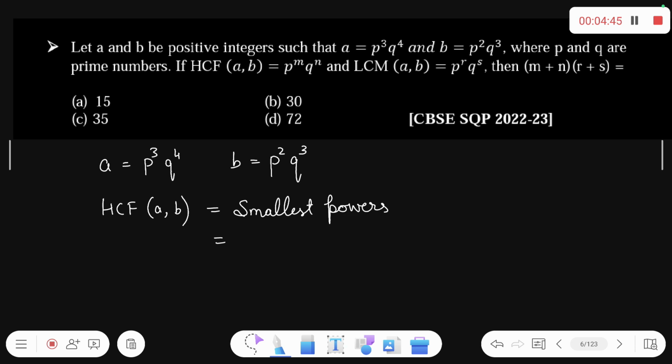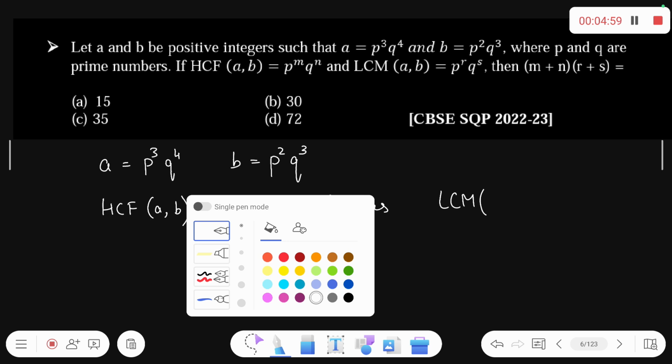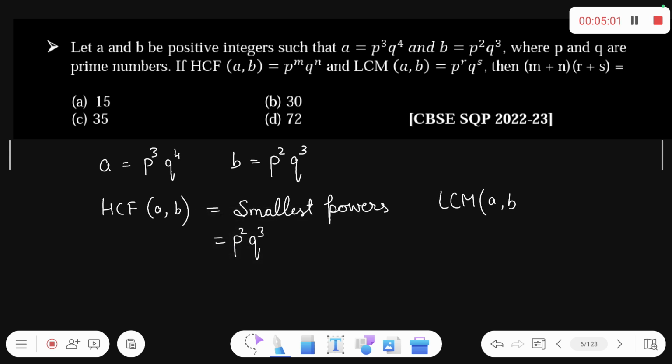Hence, it will be P square Q power 3. Similarly, for LCM of A, B, it's p power 3, q power 4, highest power.